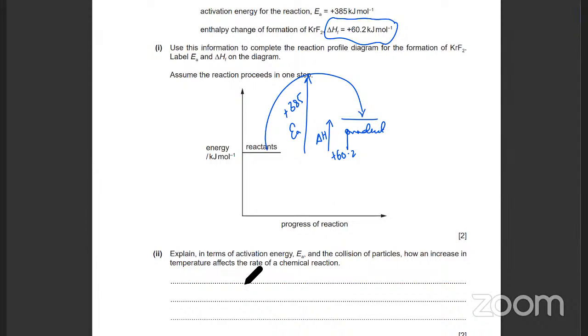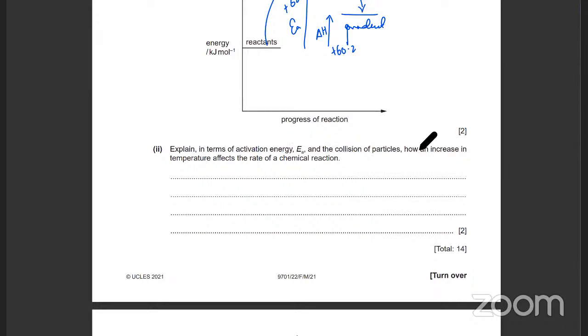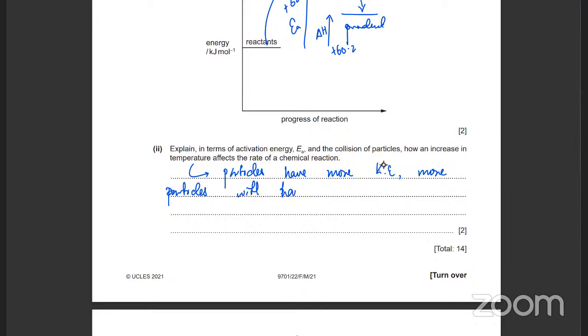Okay, so the next one: explain in terms of activation energy and the collision of particles how an increase in temperature affects the rate of a chemical reaction. If you have a higher temperature, particles have more kinetic energy, which means more particles will have energy that is greater than the activation energy.